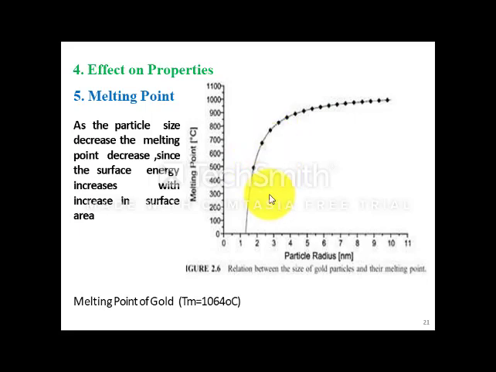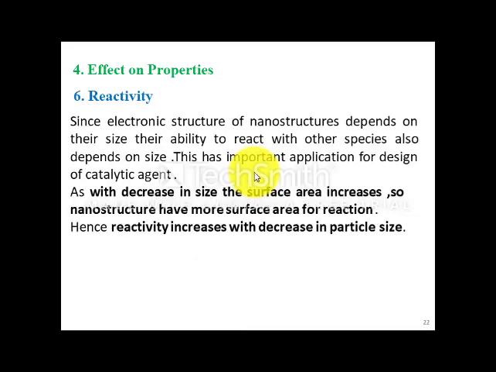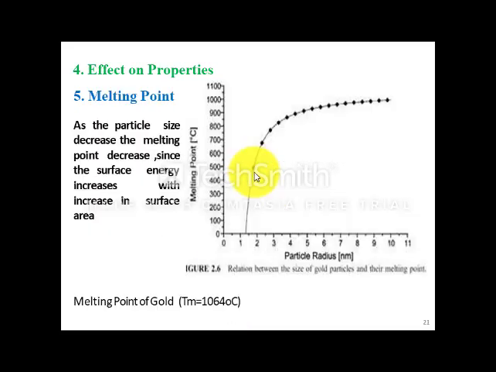So this is an example of melting point. As the particle size decreases, the melting point decreases, and gold nanoparticles are a very good example where the melting point decreases from 1064 degrees Celsius to 500 degrees Celsius. It is a very good property that we need almost half of the temperature to melt gold nanoparticles when their size is very small.